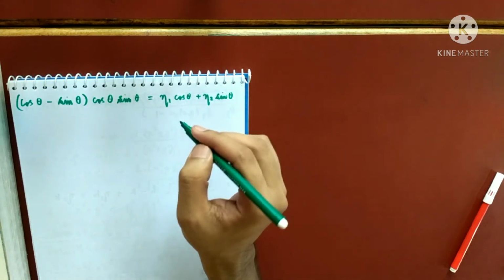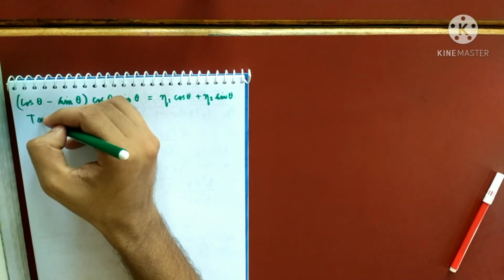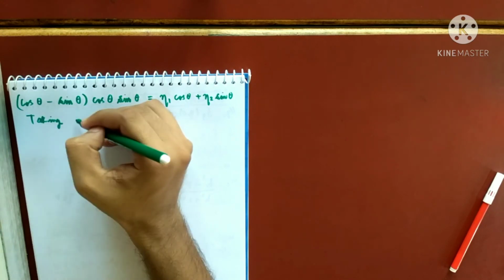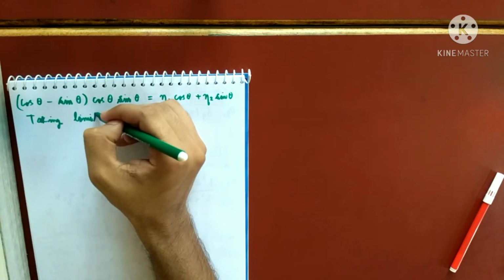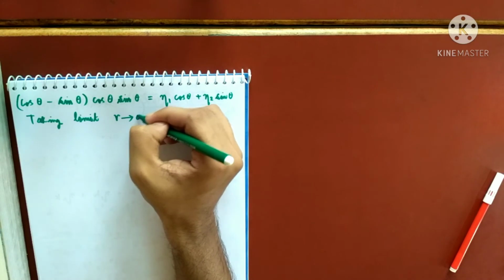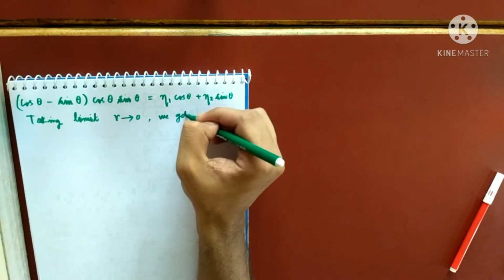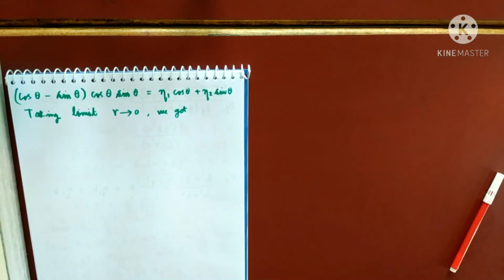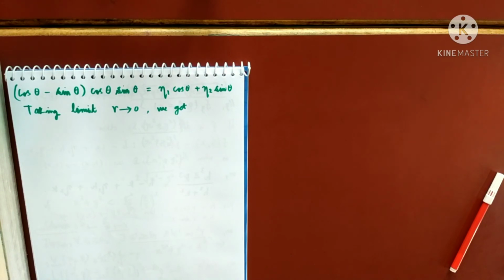So taking the limit r tends to 0, r tends to 0 implies h tends to 0, k tends to 0, because h was r cos theta and k was r sin theta.